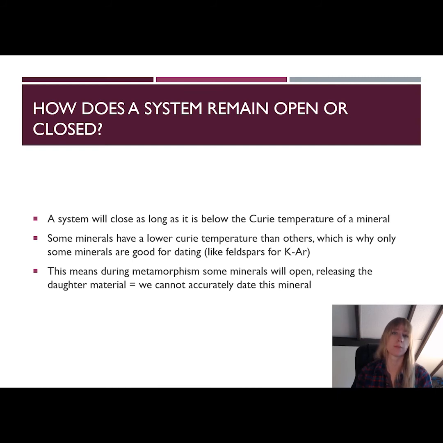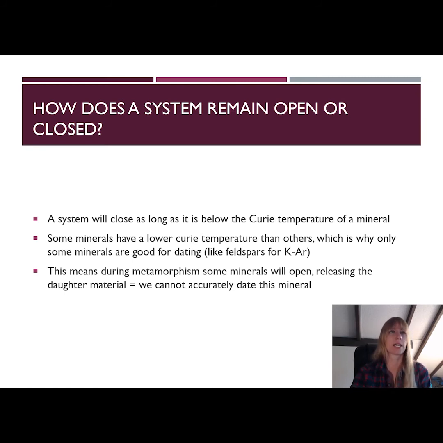This means that during metamorphism, minerals will open if they hit their Curie temperature, releasing their daughter material, which is why you can't accurately date the formation of the minerals, but you can date when the metamorphism occurred.